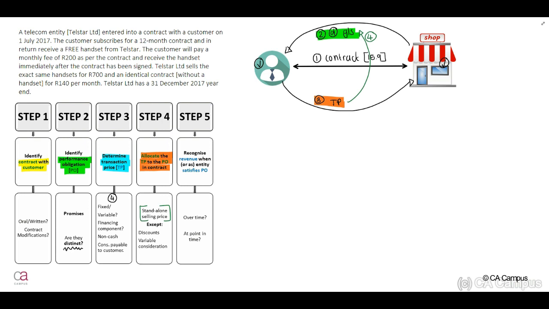It has to be a price in an observable market with similar terms and conditions under similar circumstances. Step 5, we may now recognize the revenue when or as the entity satisfies our performance obligation. Remember that the performance obligation can be satisfied either over time or at a point in time.